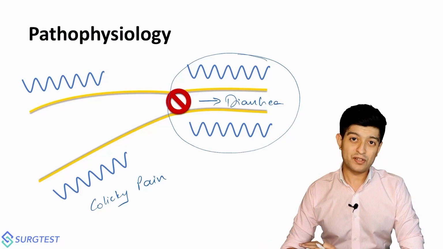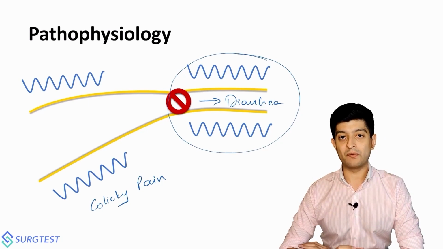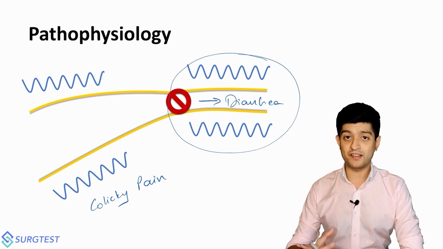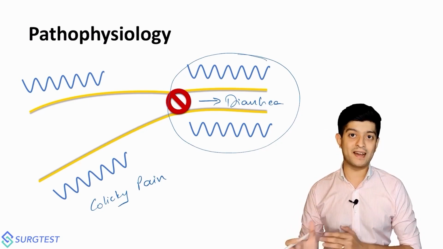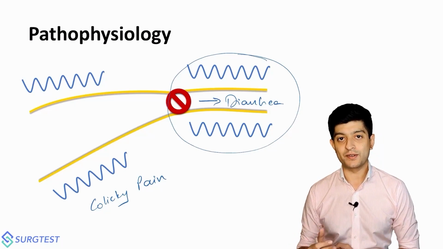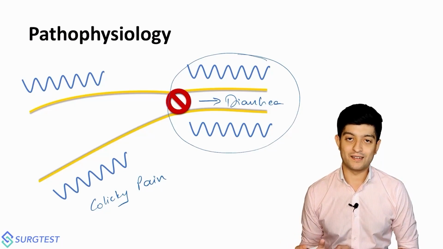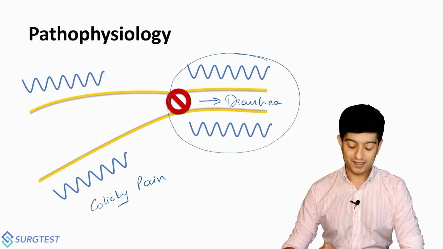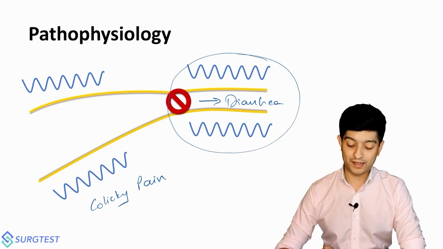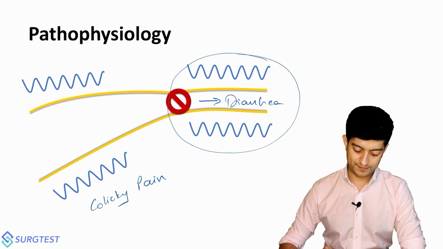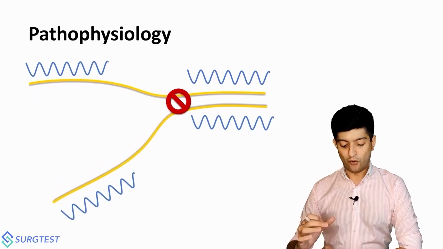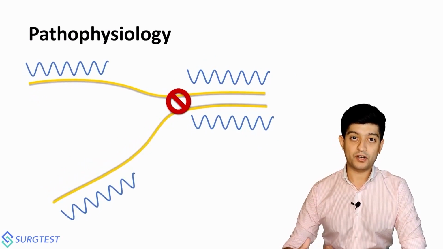Now, this is a little bit of a confounding factor, right? You have a patient with intestinal obstruction that presents to the ER with abdominal pain and diarrhea. Don't be quick to dismiss these patients as enteritis or gastroenteritis. These can definitely be the early signs of a complete obstruction. Now, over a period of time, what's going to happen is the obstruction, if absolute, gets worse.